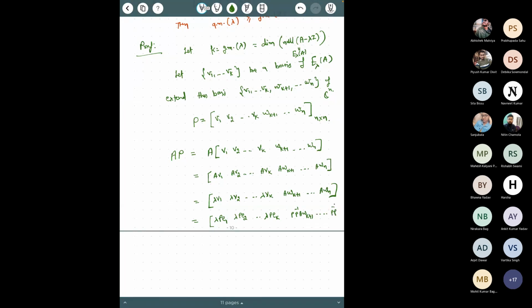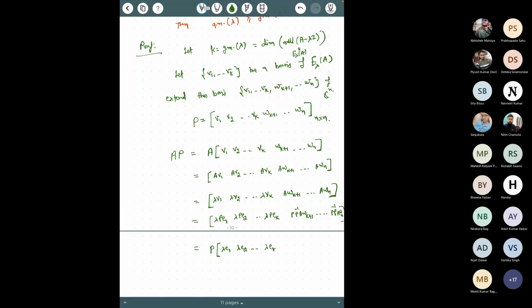Now, as I multiplied here, it is the same thing as saying P times lambda e1, lambda e2, and so on up to lambda ek, and then P inverse A w_{k+1}, and so on up to P inverse A w_n.